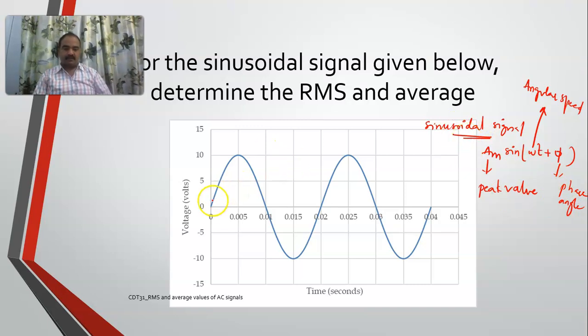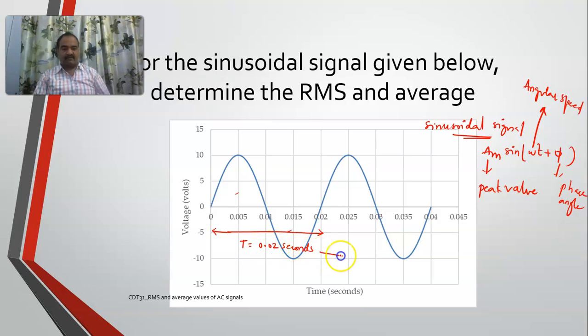Now, this generalized form of a sinusoidal signal consists of a positive half cycle and a negative half cycle, and one complete positive and negative half cycle is treated as one full cycle, which is considered the time period. You can see that the time period in this case is 0.02 seconds, isn't it?